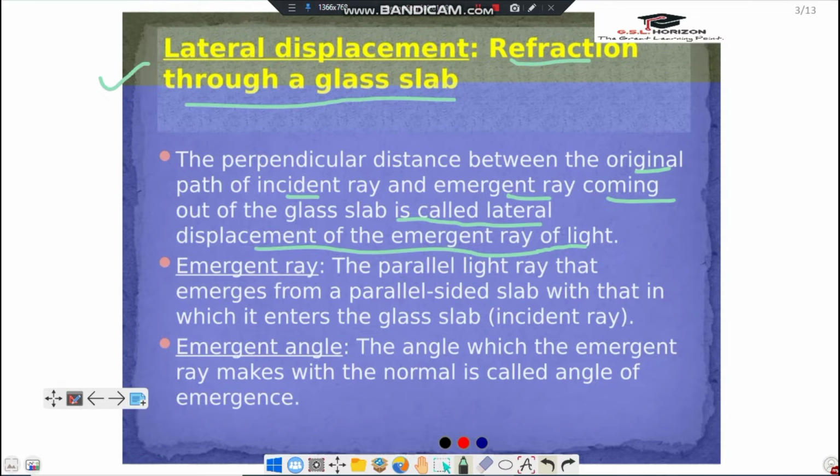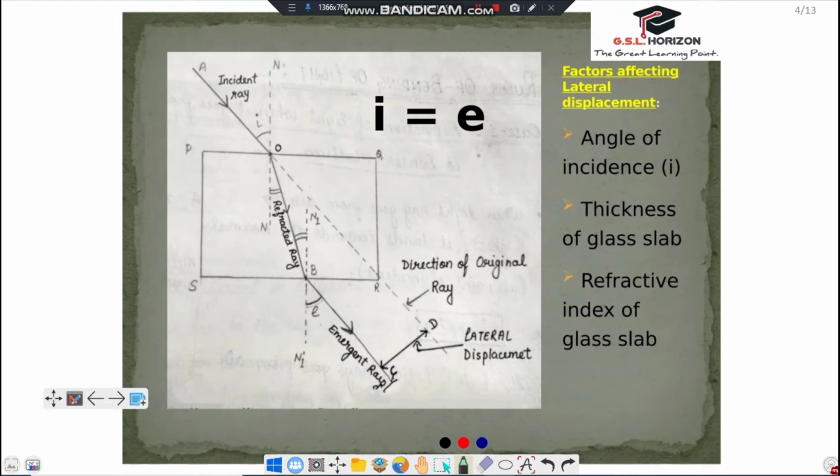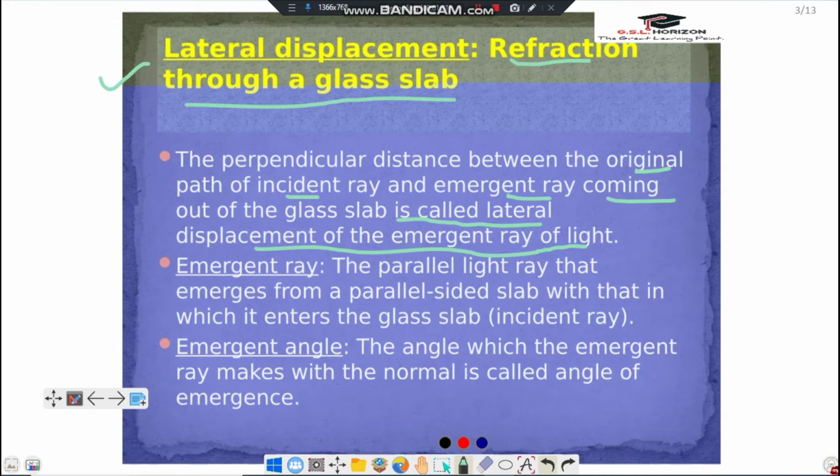Okay, dear friends, it is the perpendicular distance. As you see on our screen, the perpendicular distance between the emergent ray and the incident ray is called lateral displacement.